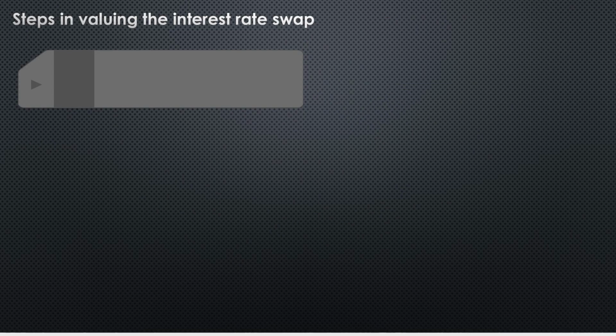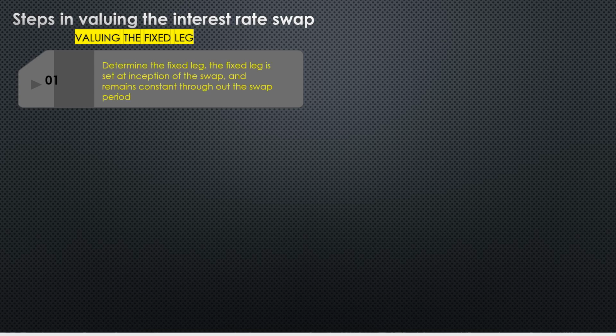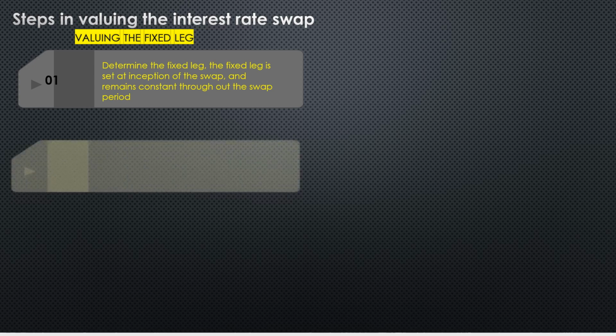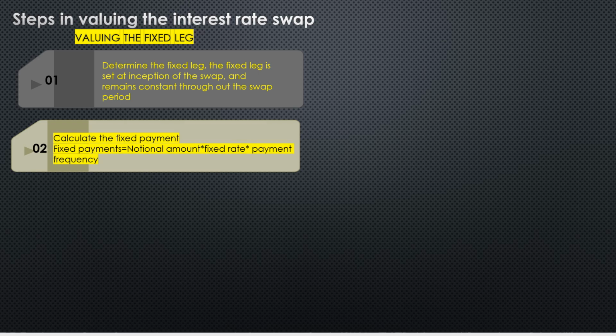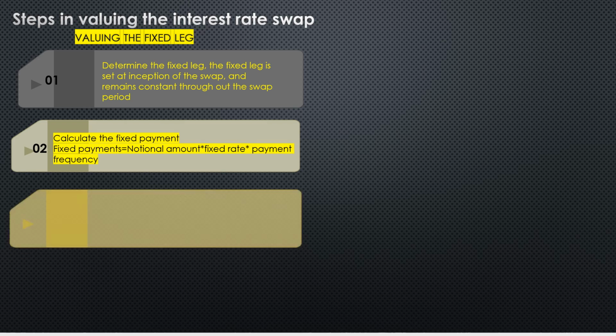Now, what are the steps involved in valuing the interest rate swap? Valuing the fixed leg. Determine the fixed rate. The fixed rate is set at inception of the swap and remains constant throughout the swap period. Calculate the fixed payment. Fixed payment equals notional amount times fixed rate times payment frequency.